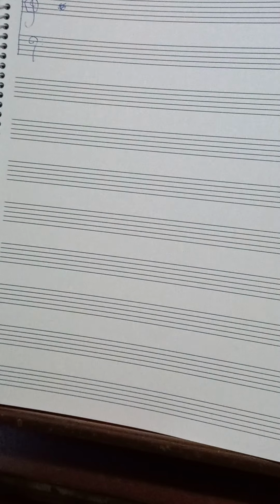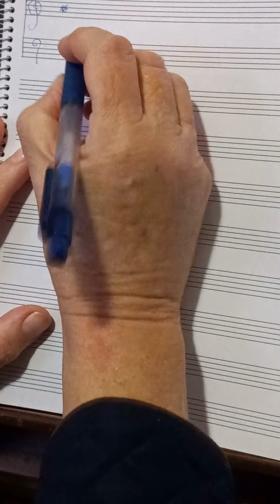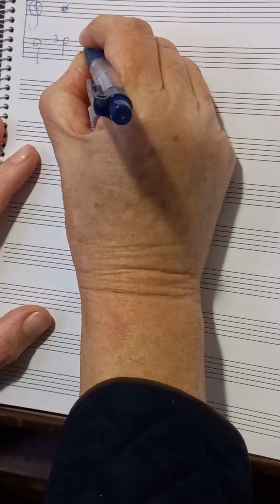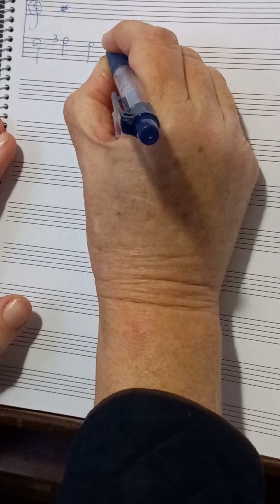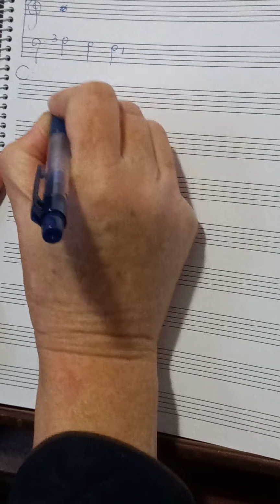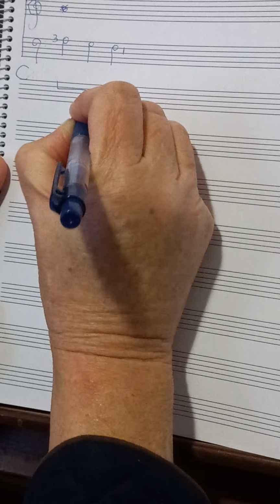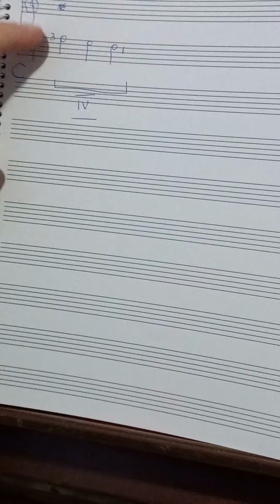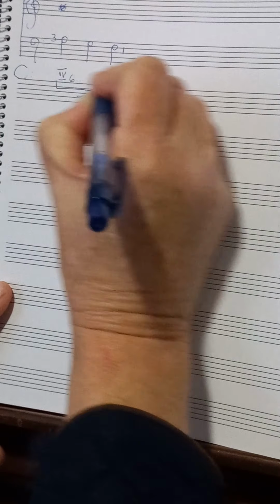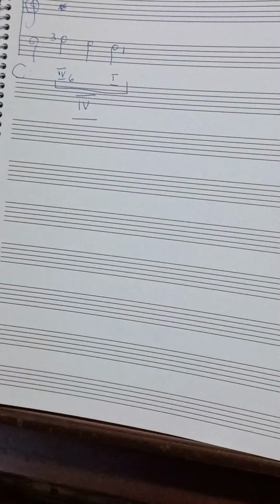It is in the particular case of the one where you have the third, through a passing note, to the root of the subdominant in the bass. I'm just using C major subdominant as my example now, where you go from the third to the root, which should have been subdominant 6 to subdominant root like that.